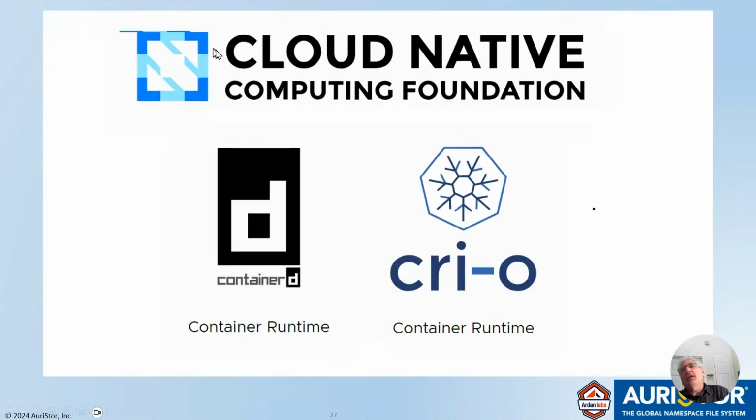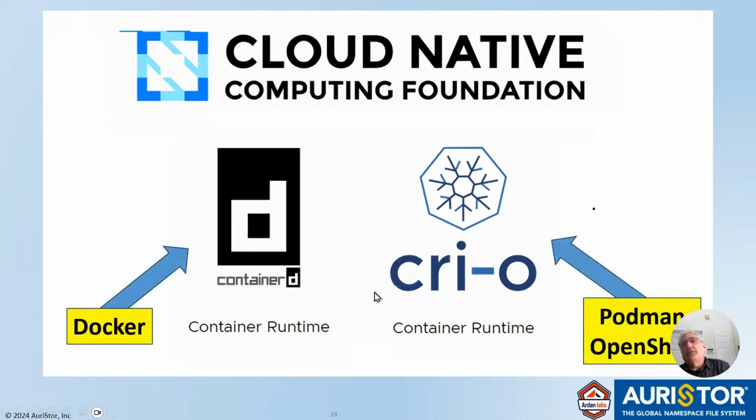Under the Cloud Native Computing Foundation, another big group, there are two projects with container runtimes: containerd and CRI-O. containerd is basically Docker, and CRI-O is basically Podman, which is the container runtime used by Red Hat's OpenShift. Podman and Docker command lines are almost identical. They just have different implementations of the container runtime.